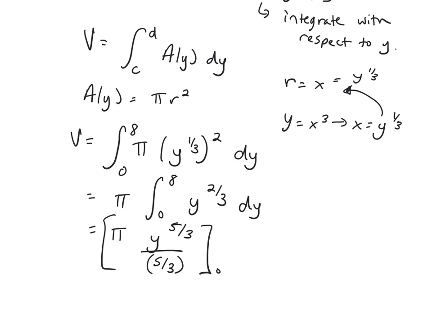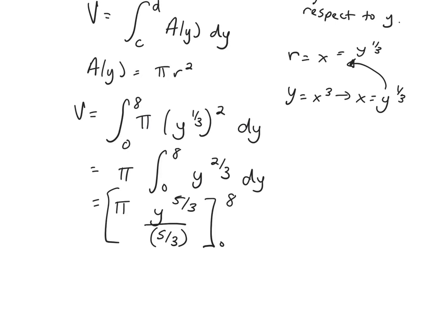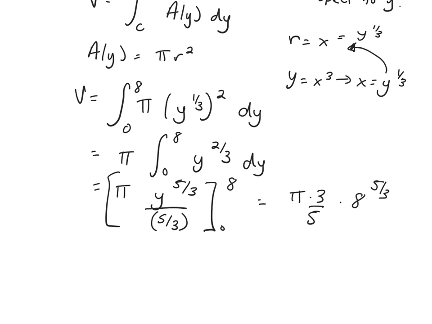And you plug in 0 to 8 here. So I'm getting pi, flip your 5/3, so you get 3/5, 8 to the 5/3. And so I think this simplifies to 96 pi over 5.